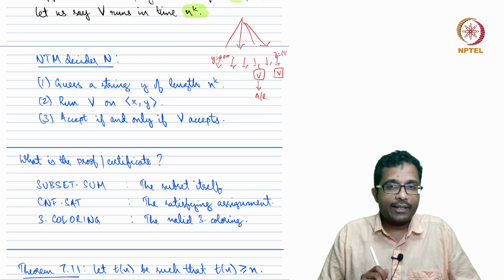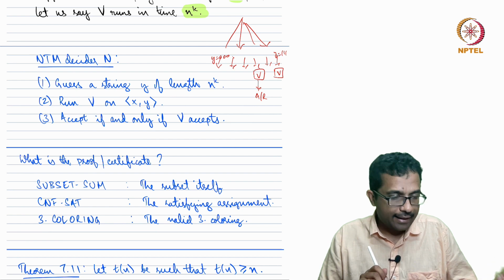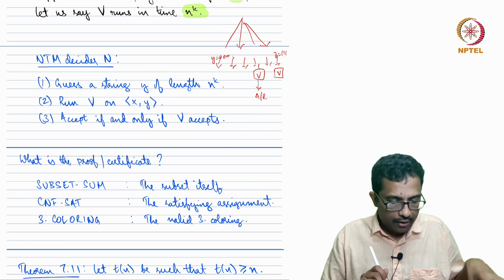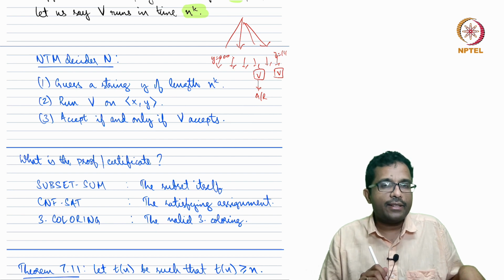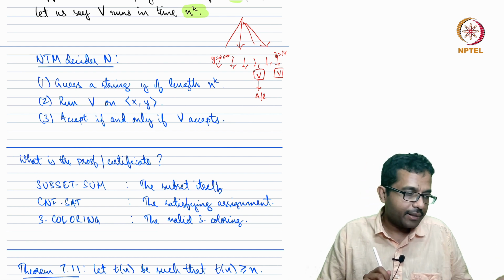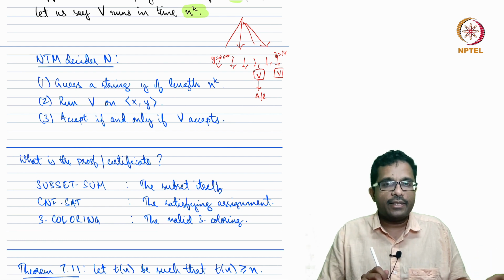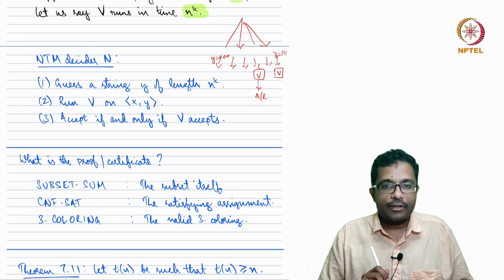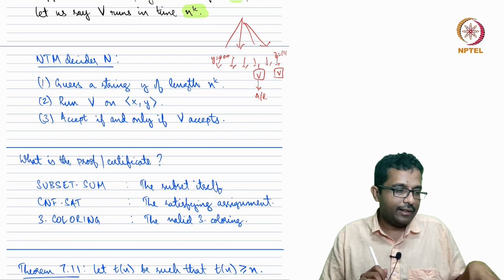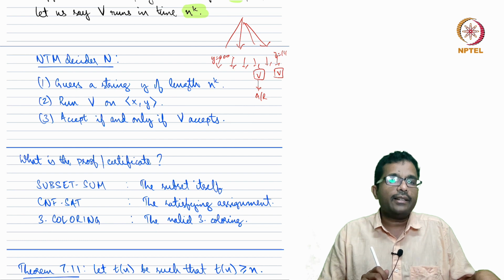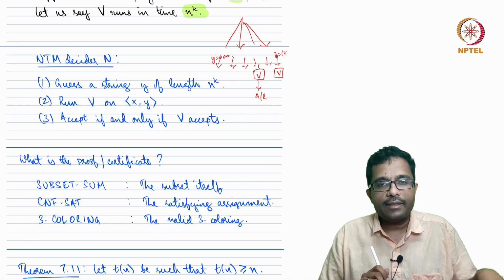In the case of CNF SAT, the assignment that satisfies the formula was the proof. These are all proofs that the given instance is a yes instance. In the case of satisfiability, it is a proof that the given formula is satisfiable. In the case of 3 colorability, it is a proof that the given graph is 3 colorable.